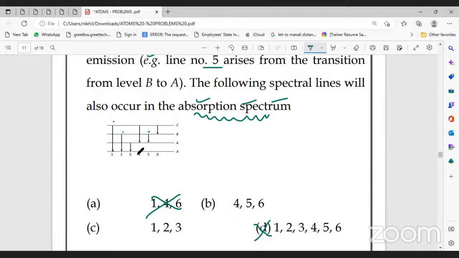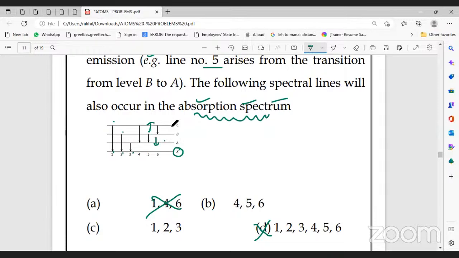Now, for lines 1, 2, 3, they have reached the ground state. But 4, 5, 6 are still in the higher excited state, where it can absorb energy or it can emit energy. It can go to a higher orbit or come to a lower orbit.